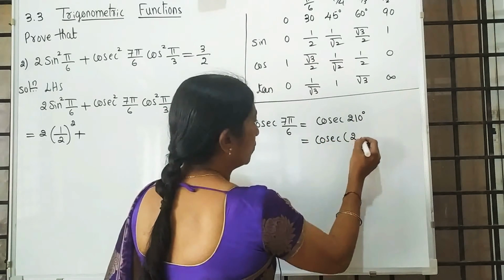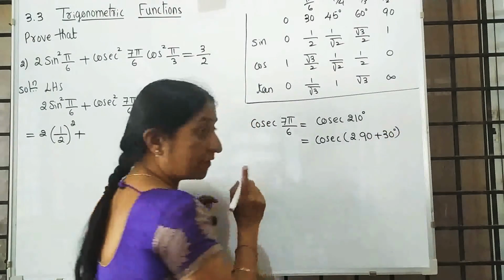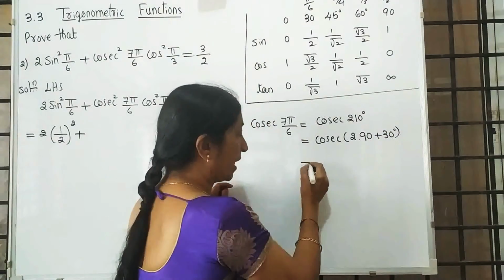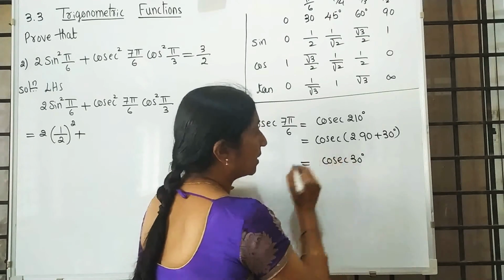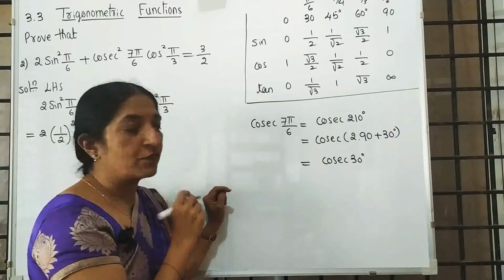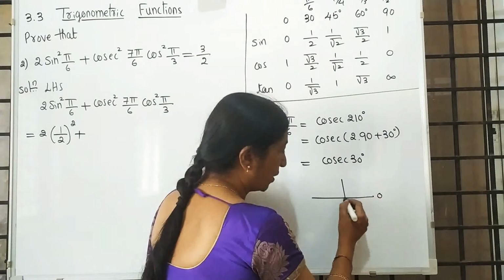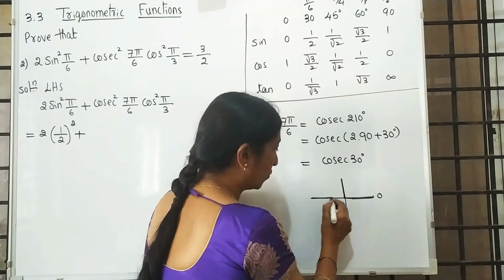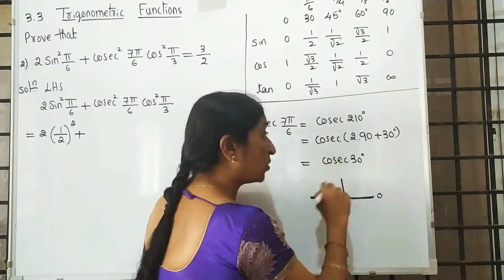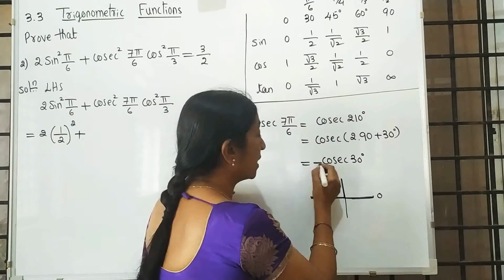Cosec of 2 into 90 plus 30. 2 is even, so cosecant remains as it is. It is cosecant 30 degree. Then we have to check in which quadrant it comes. If you draw the quadrant, this is 0 into 90, this is 1 into 90, this is 2 into 90. 2 into 90 plus means third quadrant. In the third quadrant, cosecant is negative.